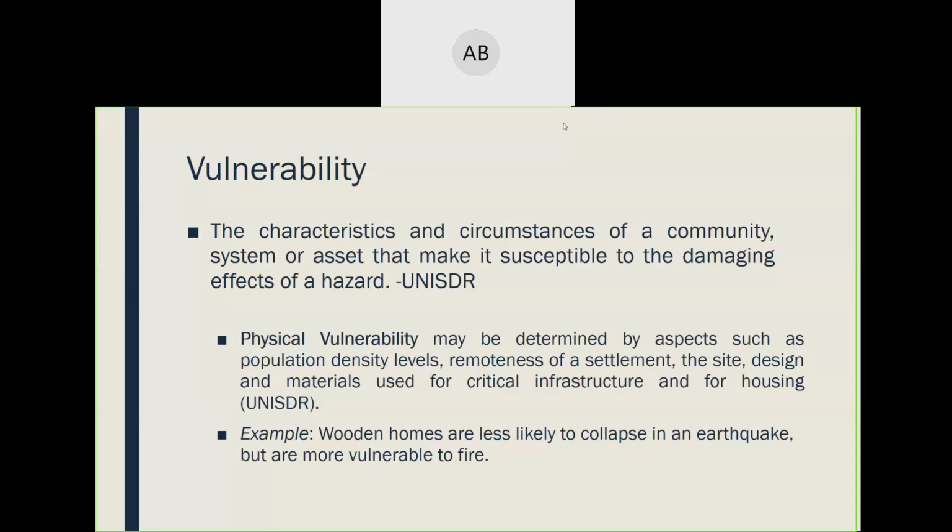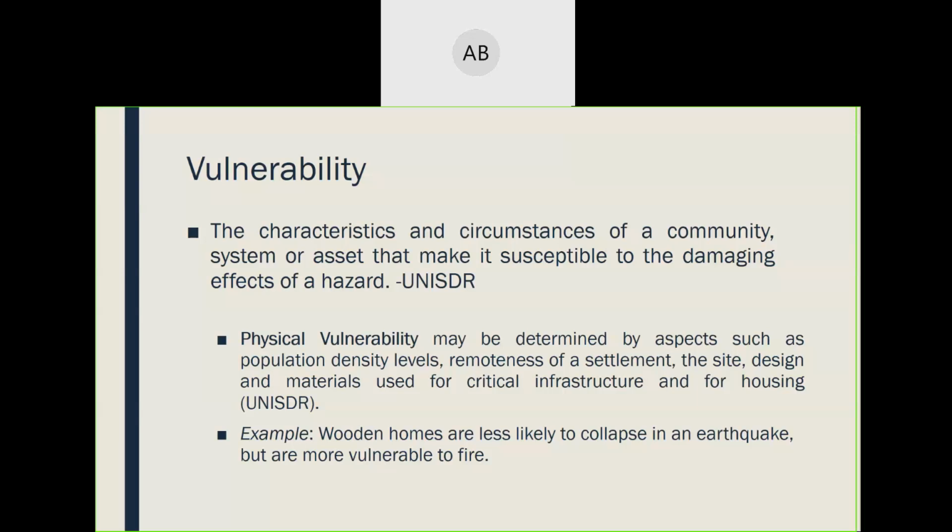So today we are going to start on a new topic, which is actually a part of the entire disaster management terminologies, and it is quite important, which is also known as vulnerability.